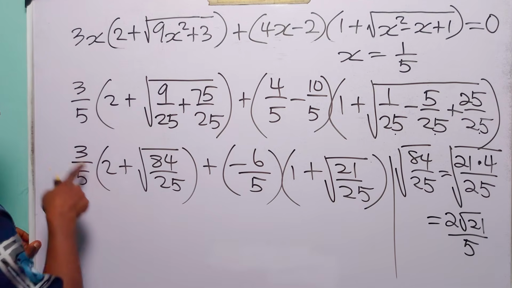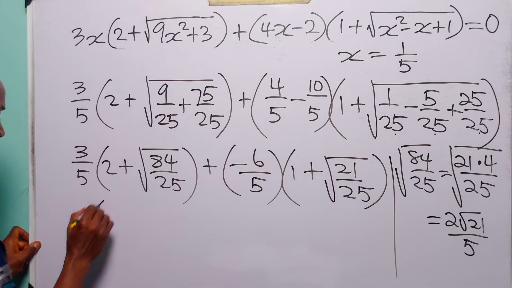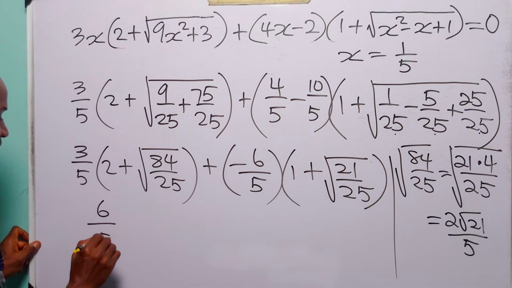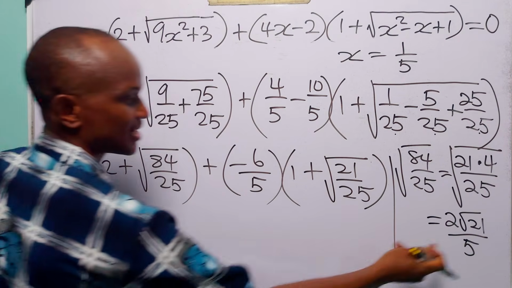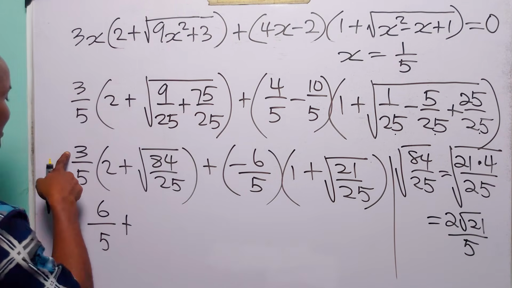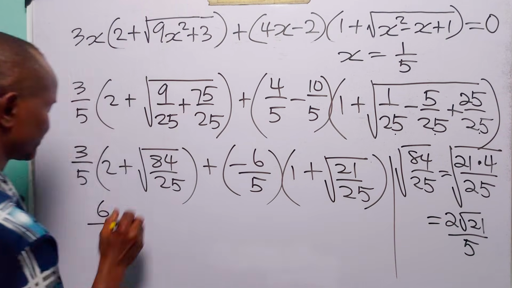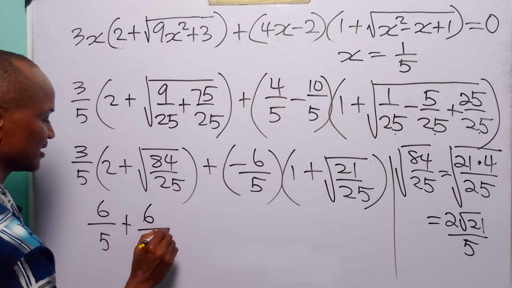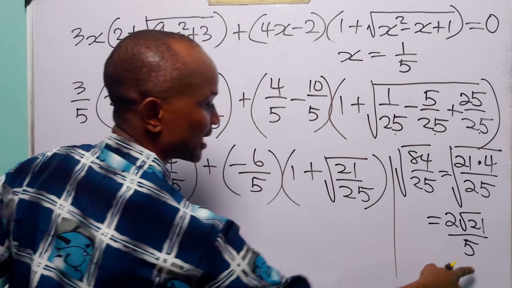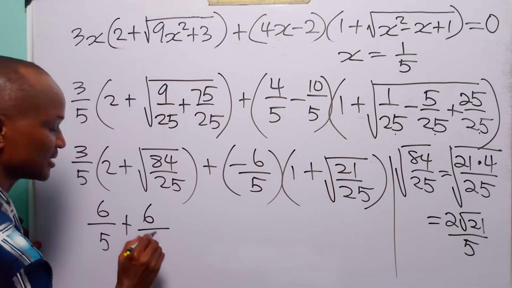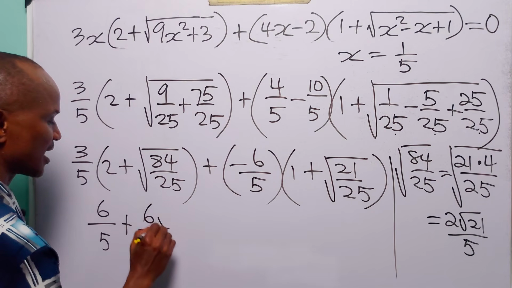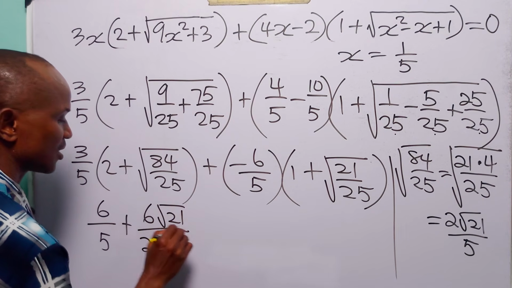Now to open this bracket, we have 3 times 2, that is 6 over 5, plus this is now 2 root 21. 3 times 2 is 6, divided by 5 times 5 is 25. And of course, we have root 21.